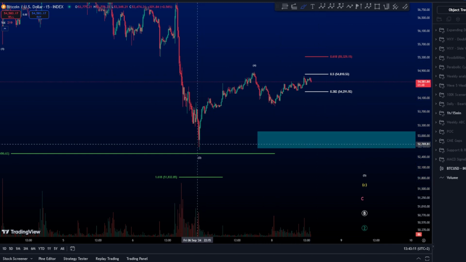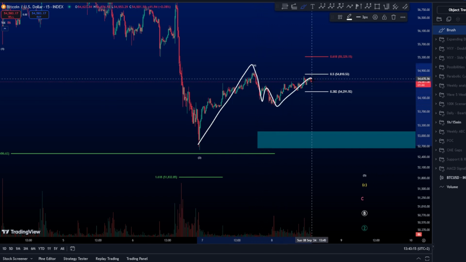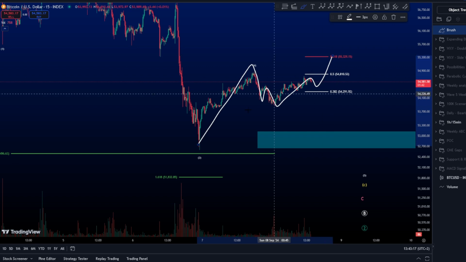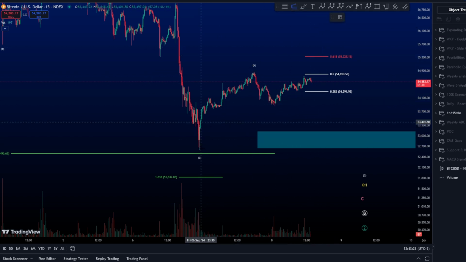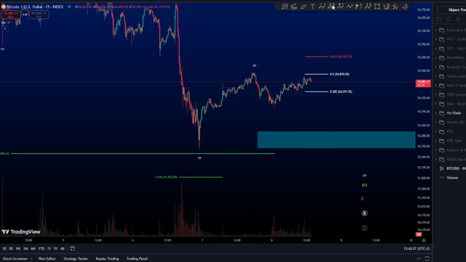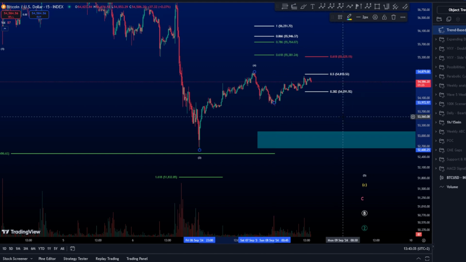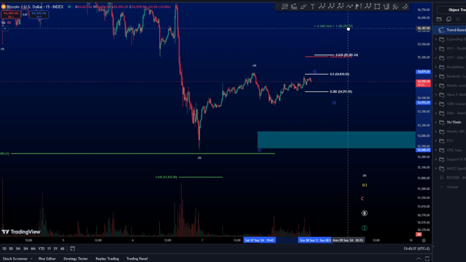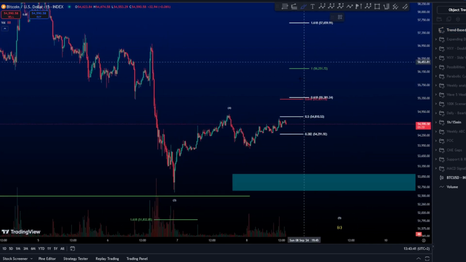Now don't forget that this could be A, B and C, so we might still be looking for a zigzag here, by the way. If you want to finish this as a zigzag, let's take this fib level from the start to the end. We want to see a zigzag extension finishing exactly on the 1 to 1.